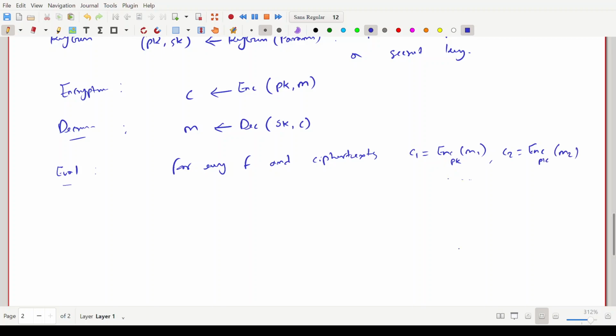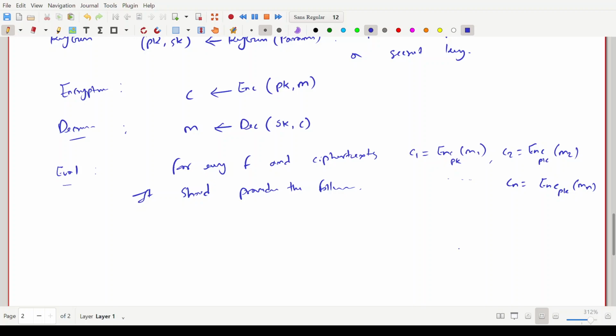I have n messages, cn, each encrypted with my public key. These are the ciphertexts. So what is the rule of this eval function? These ciphertexts can be decrypted if you apply your secret key as per the decryption protocol. It should provide the following.